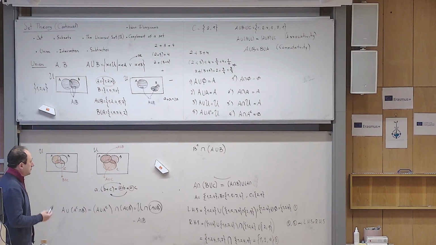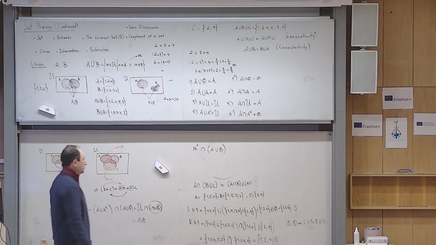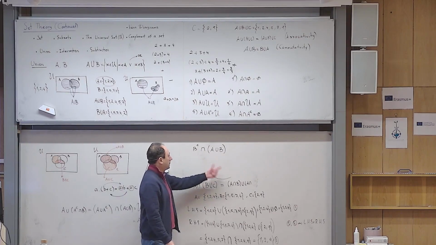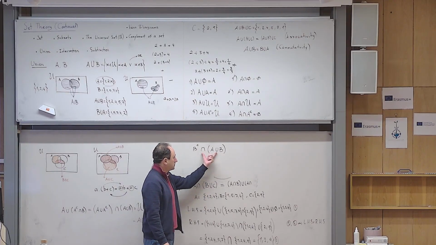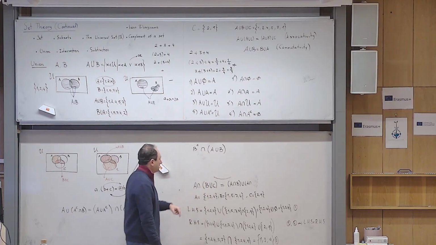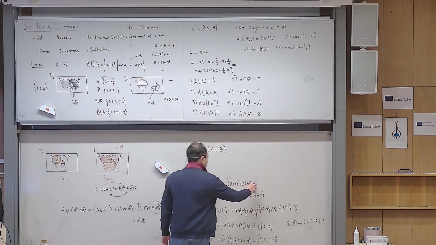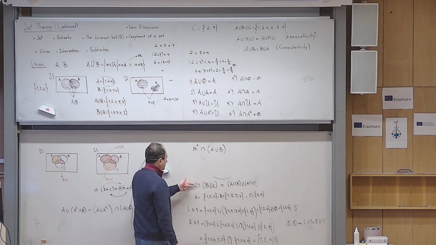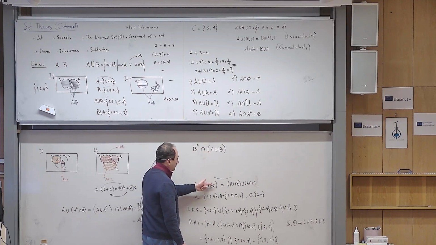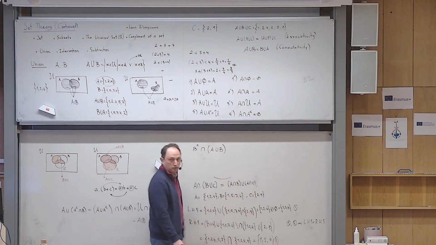Again, I hope you understand this is also distribution, because I have three sets involved and two different operations. But this is not the first distribution law, this is the second one. So you can give the role of A to B complement, the role of B to A, and the role of C to B, and rewrite the formula.